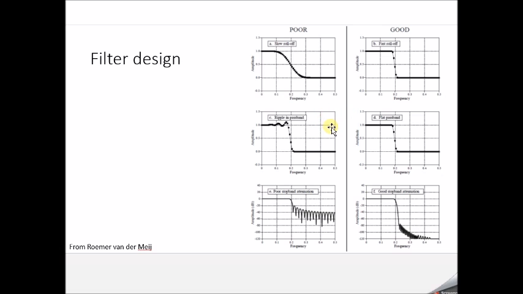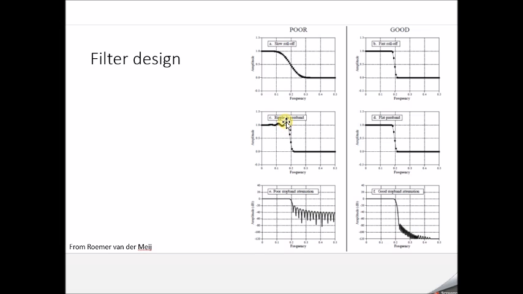Another factor is the amount of ripple in the passband of the signal. What I mean by that is on the left here, in the frequencies below 0.2 Hz, there is not a flat gain or attenuation of these frequency components.